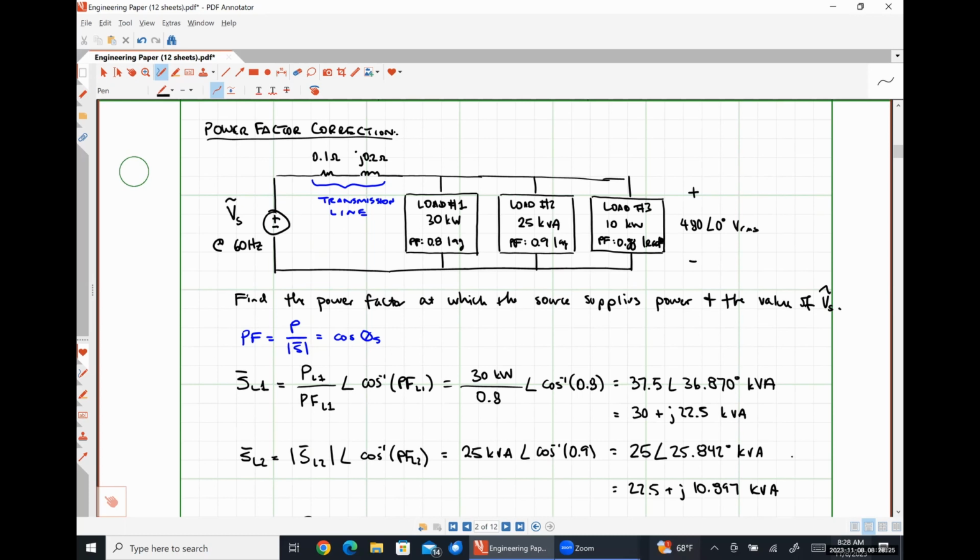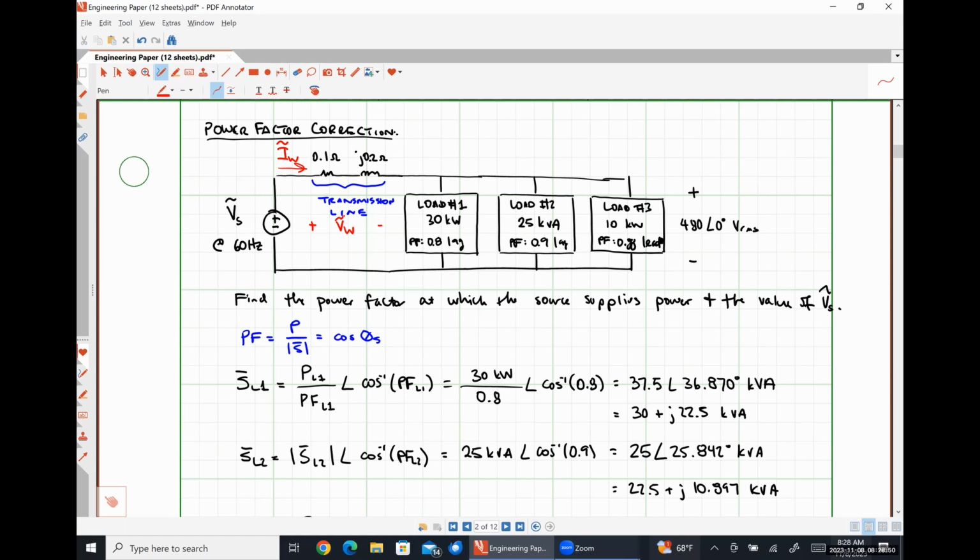So I would argue that based on the relationships we learned about right before we started working this example problem, we need either this current, which I'm going to call I wire, or this voltage, which I'm going to call V wire.